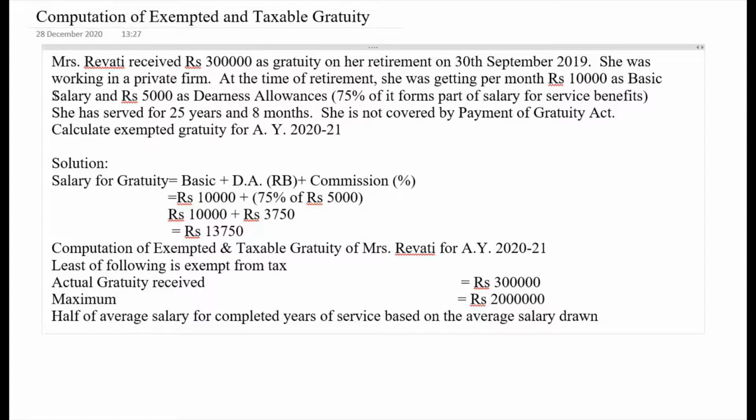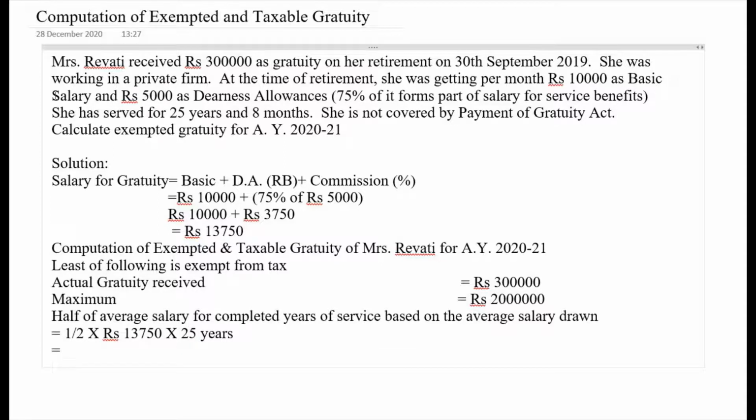That equals 1 by 2 into rupees 13,750 into 25. Though she has put in 25 years and 8 months of service, the fractional service should be ignored, so 25 years.